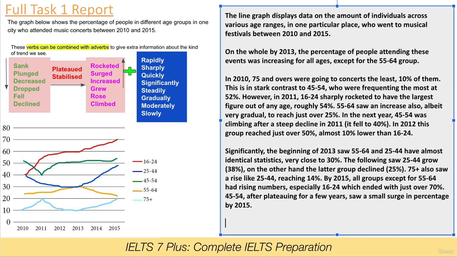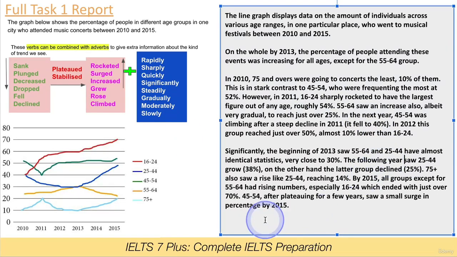Significantly, the beginning of 2013 saw 55 to 64 and 25 to 44 have almost identical statistics, very close to 30%. The following year, editing is so important, saw 25 to 44 grow, 38%. On the other hand, the latter group declined, 25%. 75 plus also saw a rise like 25 to 44, reaching 14%.